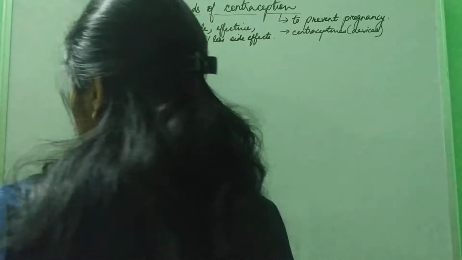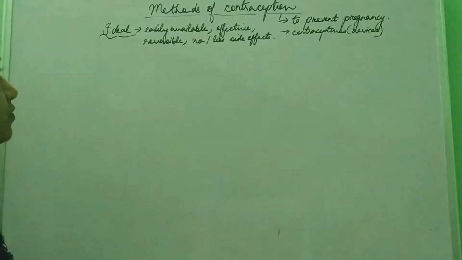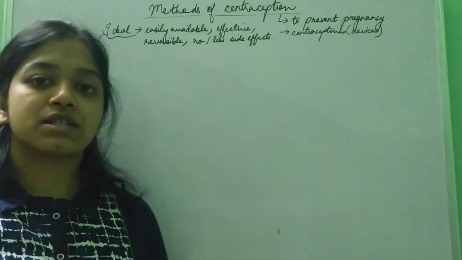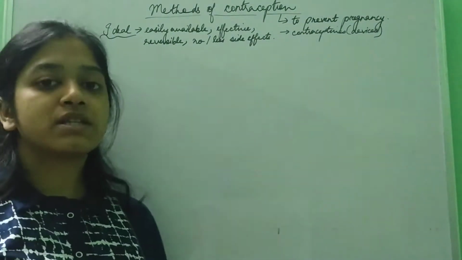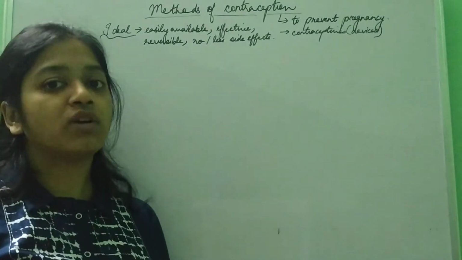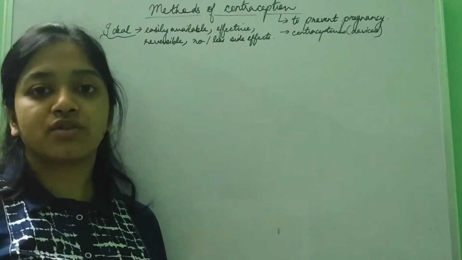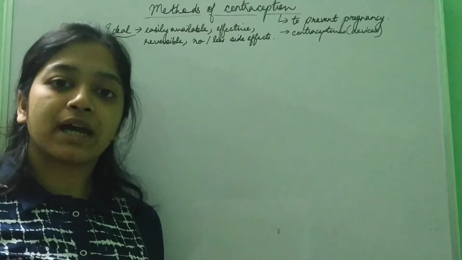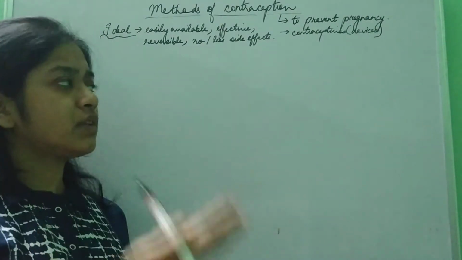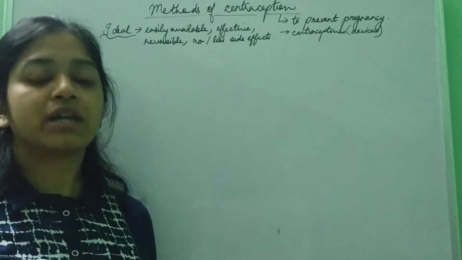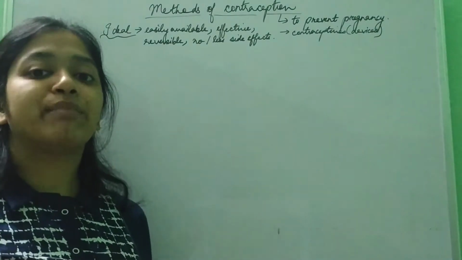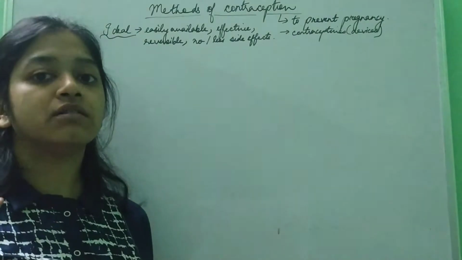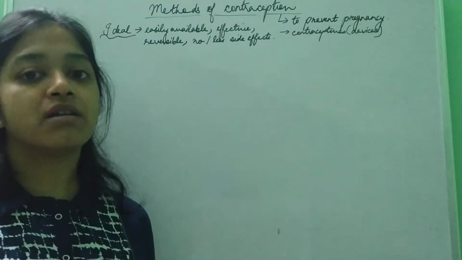Now, there are various methods of contraception. First we'll see the natural method, where no devices are used. According to the natural ovulation cycle or menstrual cycle, pregnancy will be avoided. Then we have the barrier method, where physical devices or barriers are used.